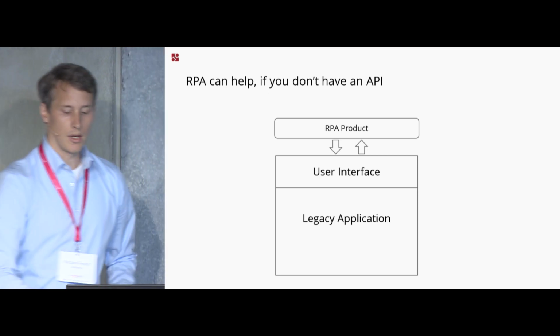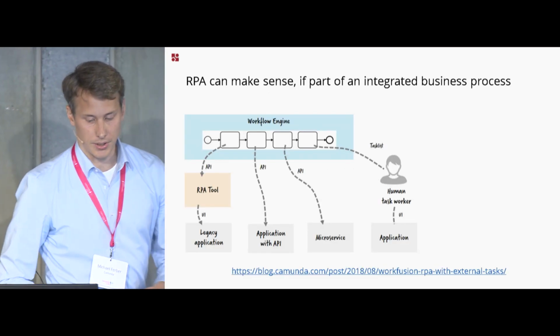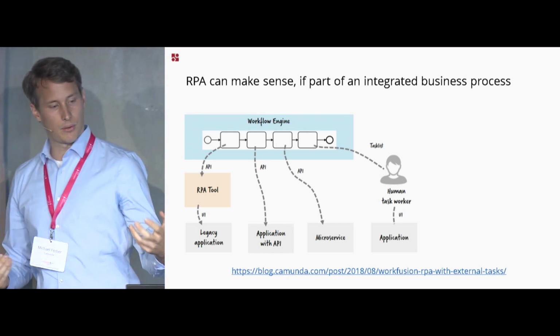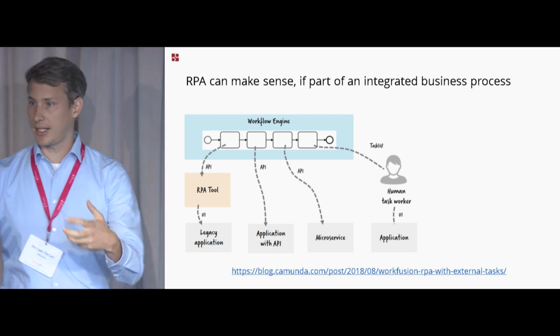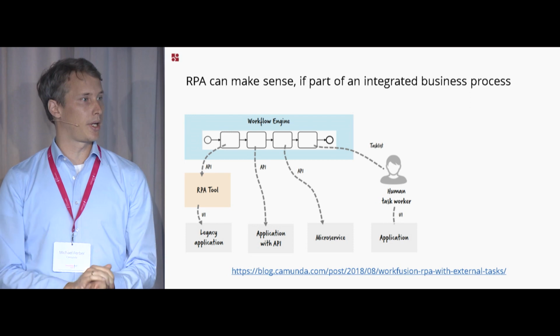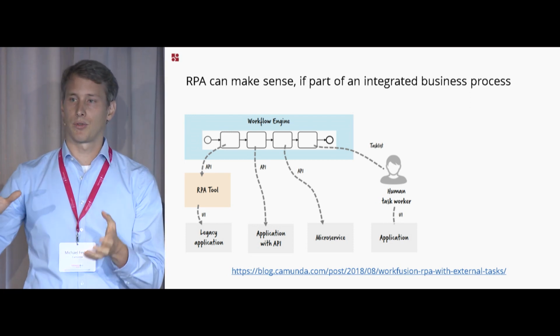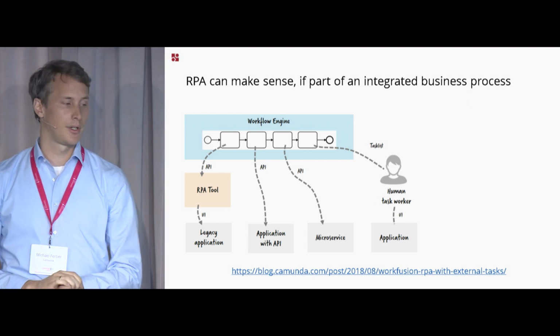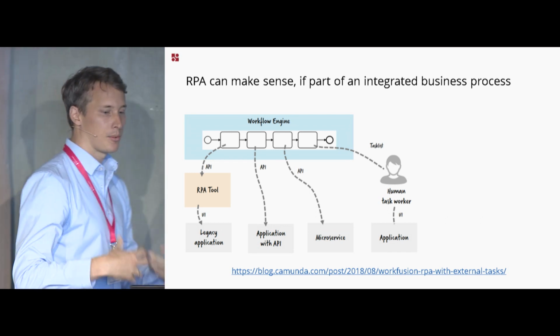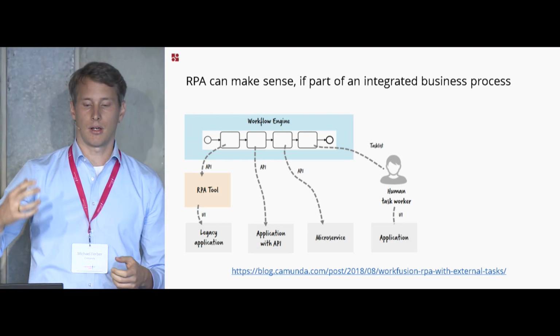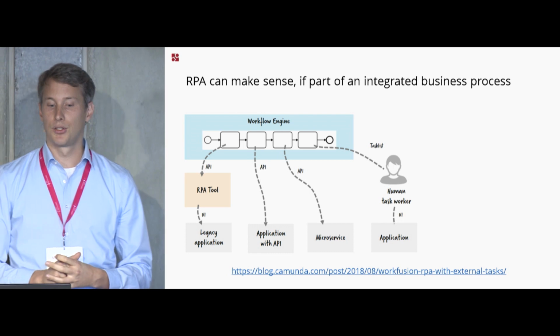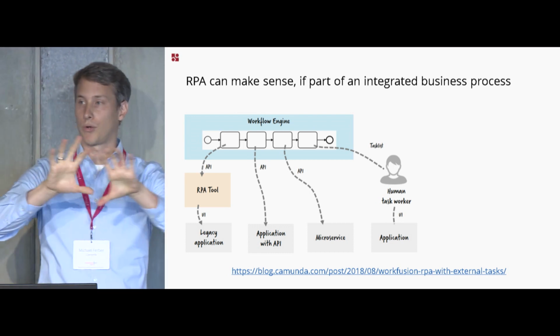And this brings value, of course, because before these RPA tools, we weren't able to access these systems in an automated way. Now RPA is an additional adapter to also make it possible to integrate legacy systems like this into a holistic workflow.